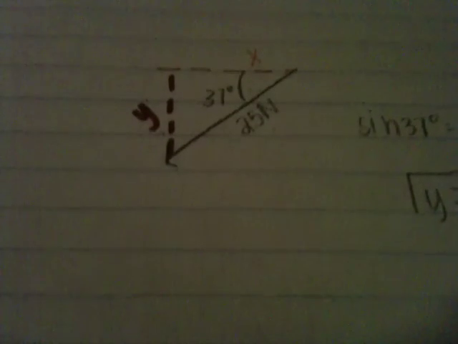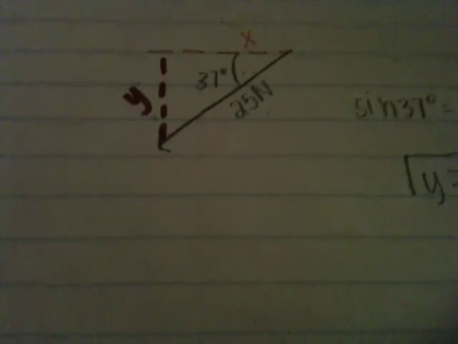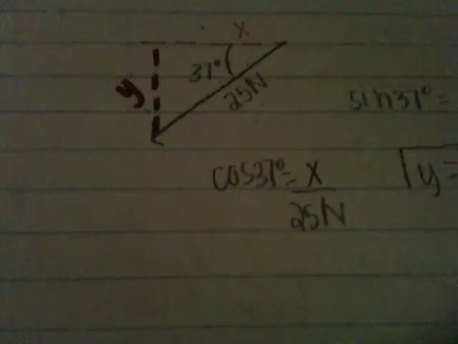And we're going to solve for the x component in a similar way, but instead we're going to use cosine, because cosine is adjacent over hypotenuse, and we have adjacent over hypotenuse of the 37 degrees. So we're going to do cosine of, again, 37 degrees equals x over 25 newtons.